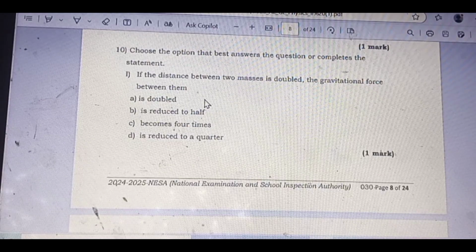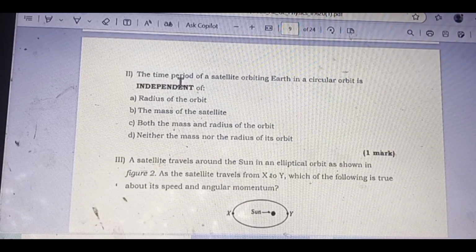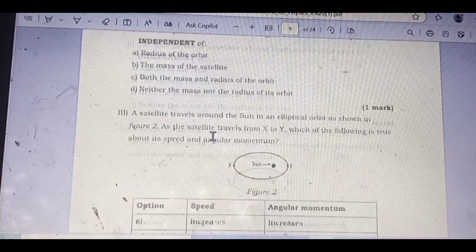The correct answer is letter D, is reduced to a quarter. II. The time period of a satellite orbiting Earth in a circular orbit is independent of. The correct option is B, mass of the satellite.